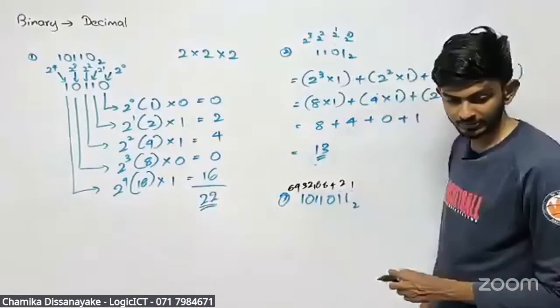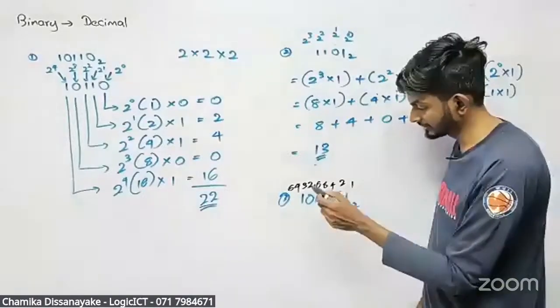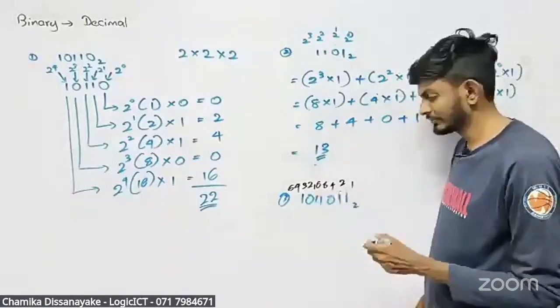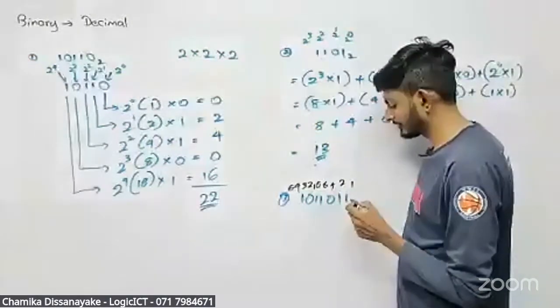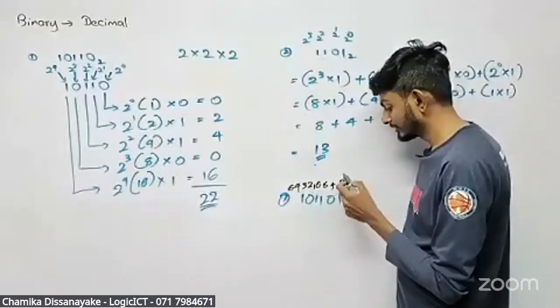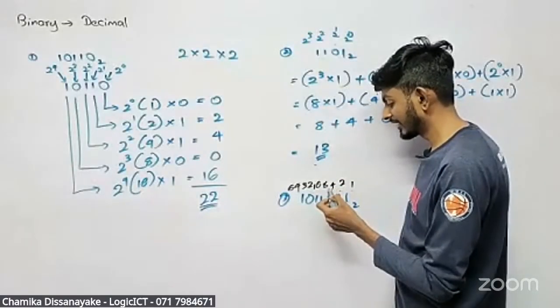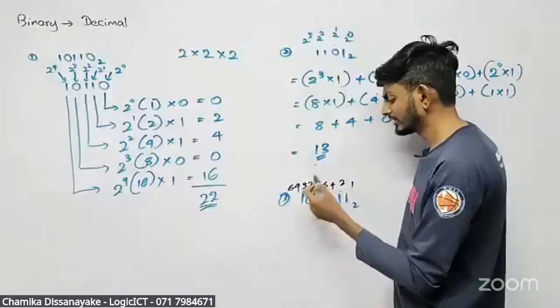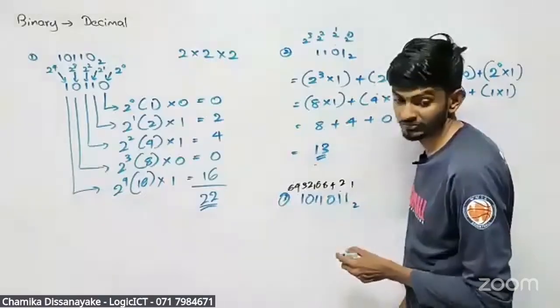I think you can see that. You just multiply by 2. This will be 1, this will be 2, then 2 by 2 is 4, 4 by 2 is 8, 8 by 2 is 16, 16 by 2 is 32, 32 by 2 is 64.